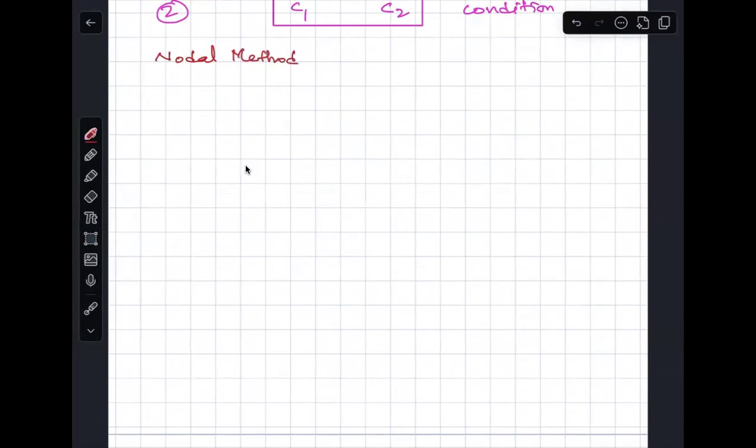Nodal method is another circuit tool. I don't see this as any different from what I have suggested earlier. It is the same as Kirchhoff's current law, junction. But when and where it is required, we will use it.